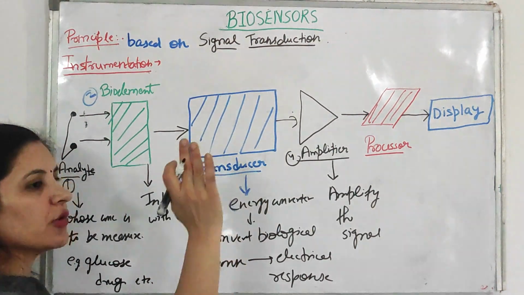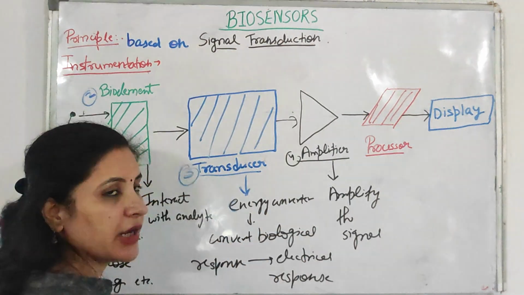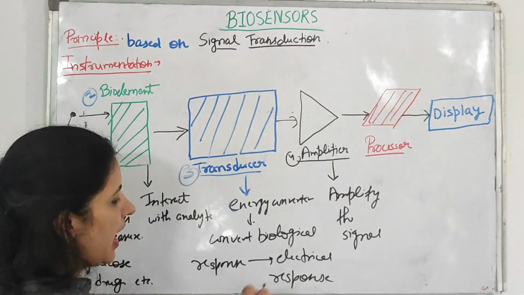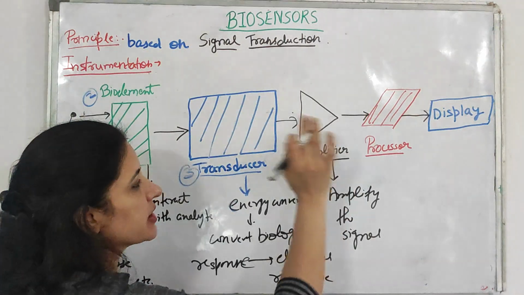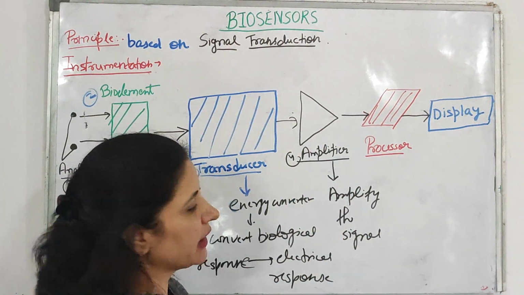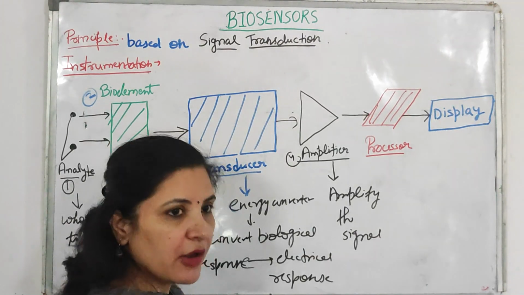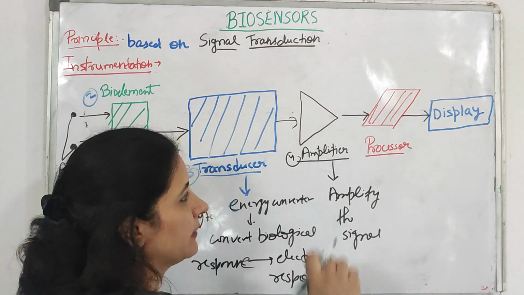This signal enters the transducer, which acts as an energy converter and converts the biological response into an electrical response. After that, this electrical response enters the amplifier, which amplifies the signal so that you can easily get a stronger signal that is visible on the display.